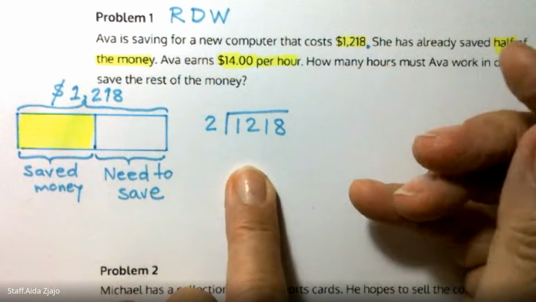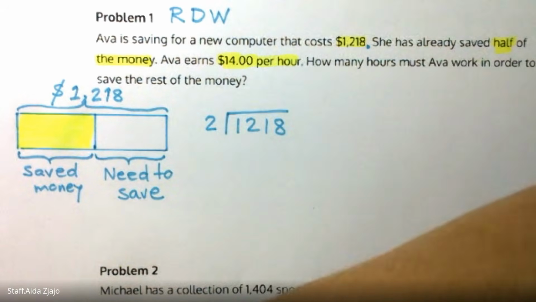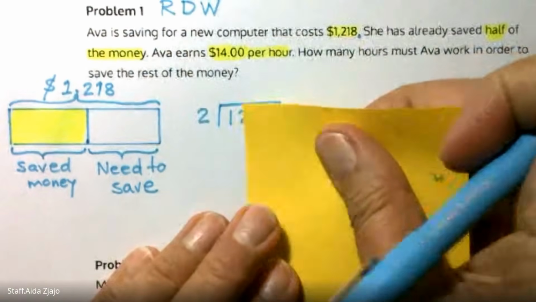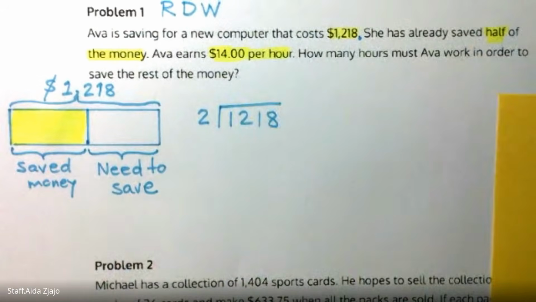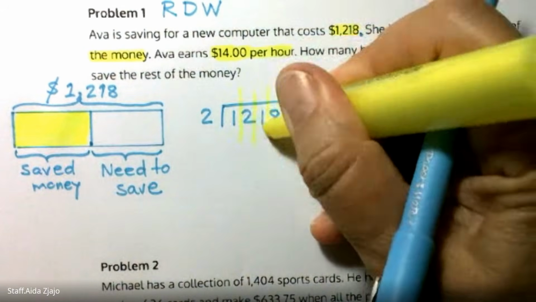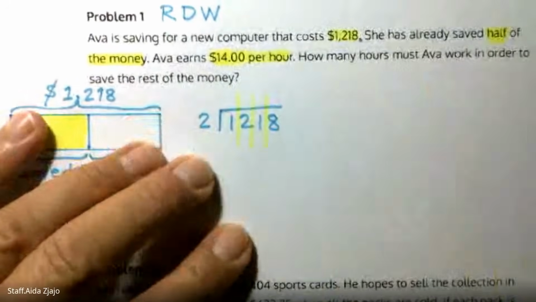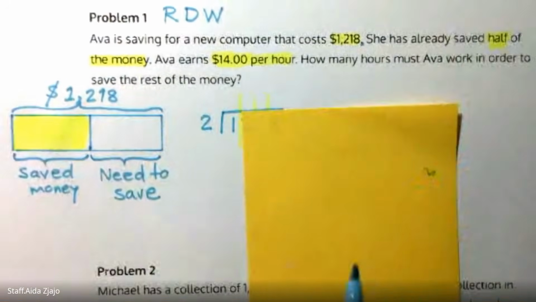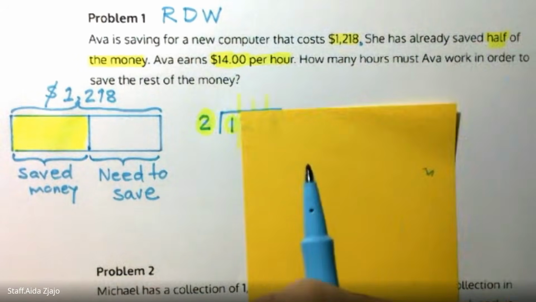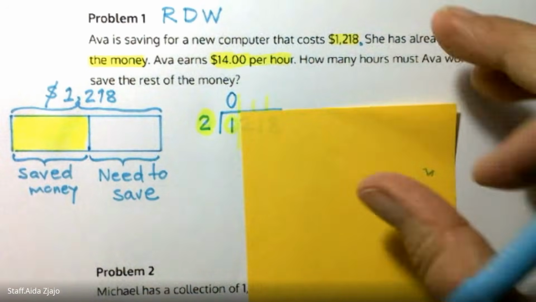We can use the standard algorithm. I'm going to take the highlighter to see the procedure is the same. If my group is 2 and I only have 1, I can't make any groups of 2.